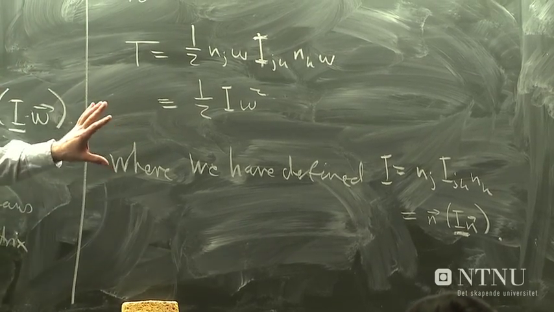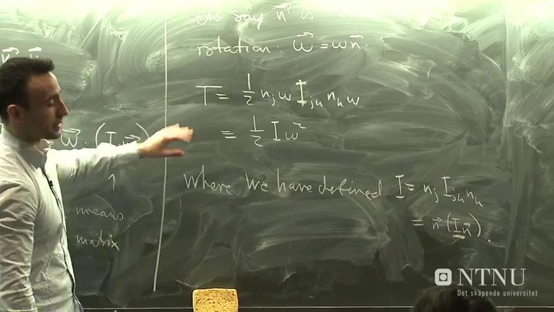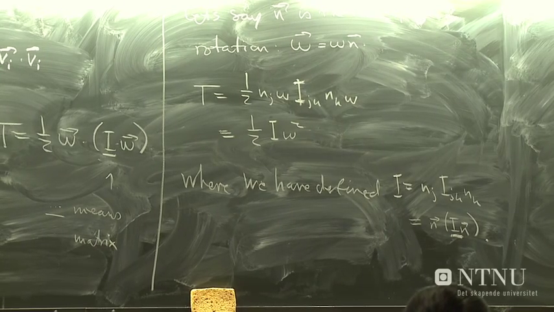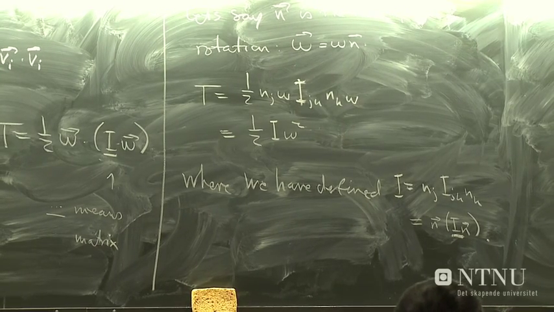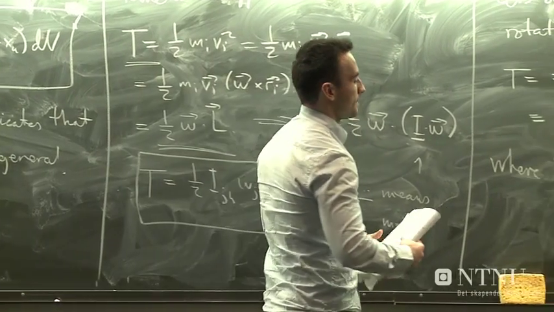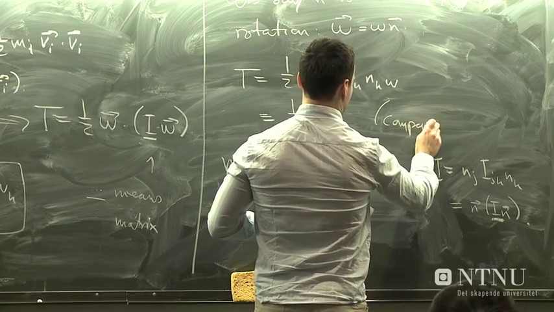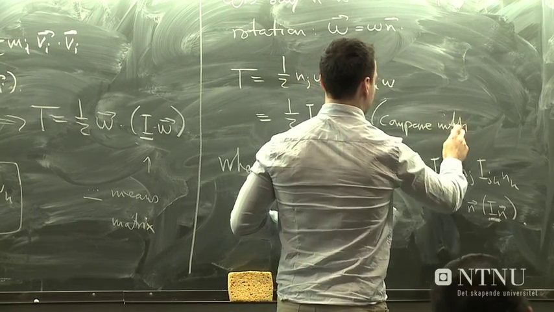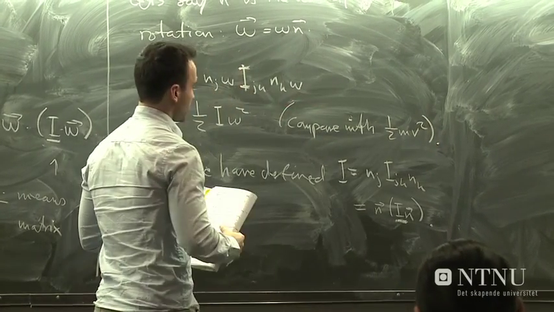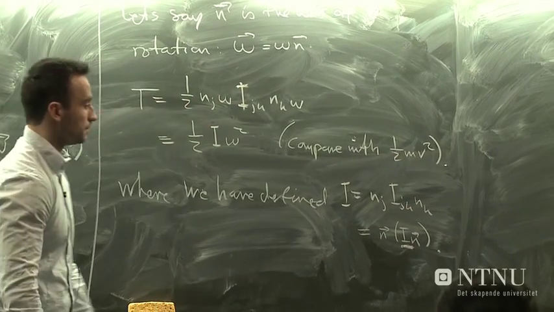So you see then by defining I in this way, we obtain the kinetic energy in a quite familiar form: 1/2 of a quantity multiplied with the square of another quantity, which is remarkably similar to this well-known expression.